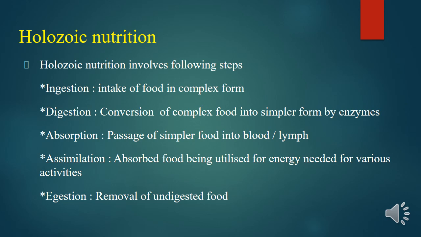The third step is absorption, the passage of the simpler food into blood as well as lymph. Then we have assimilation, where the absorbed food is utilized for energy needed for various activities. And the last step is egestion, the removal of undigested food materials. Thank you.